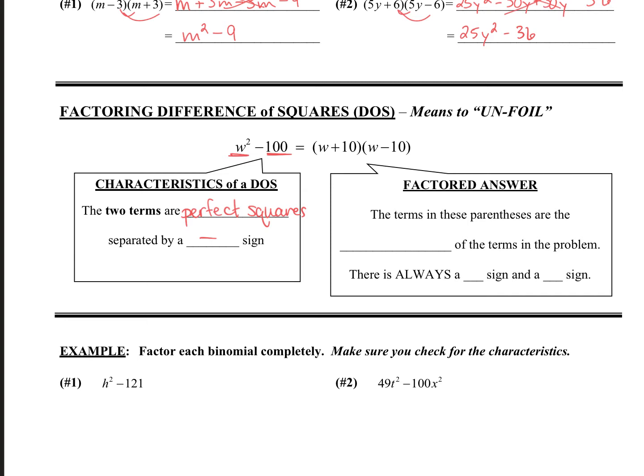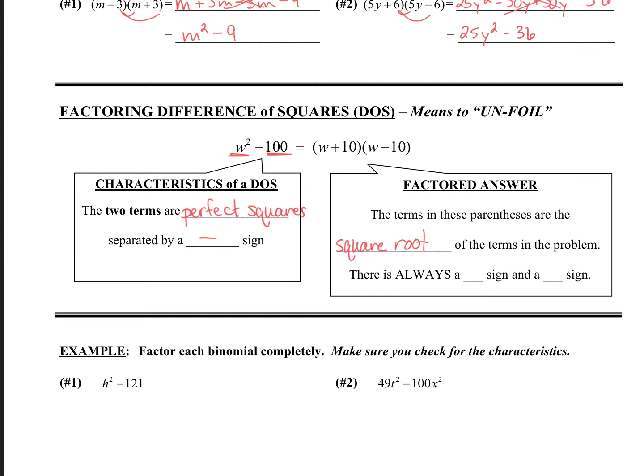The factored answer, the terms in these parentheses, are the square roots of the terms in the problem. Notice that w is the square root of w squared, and 10 is the square root of 100.